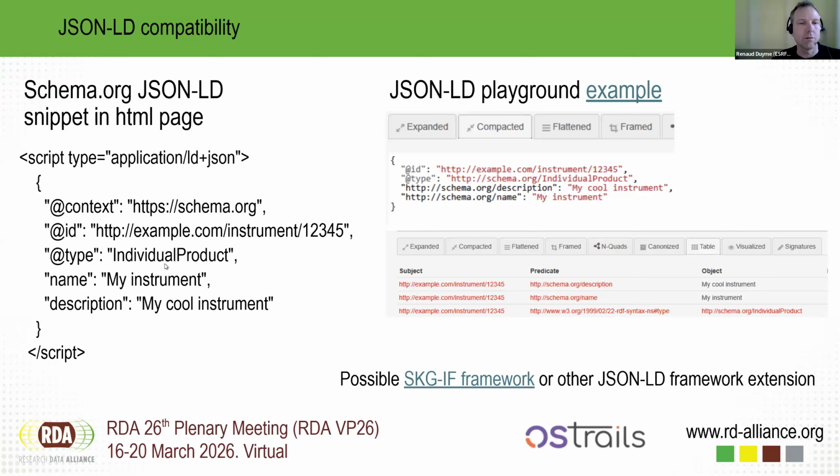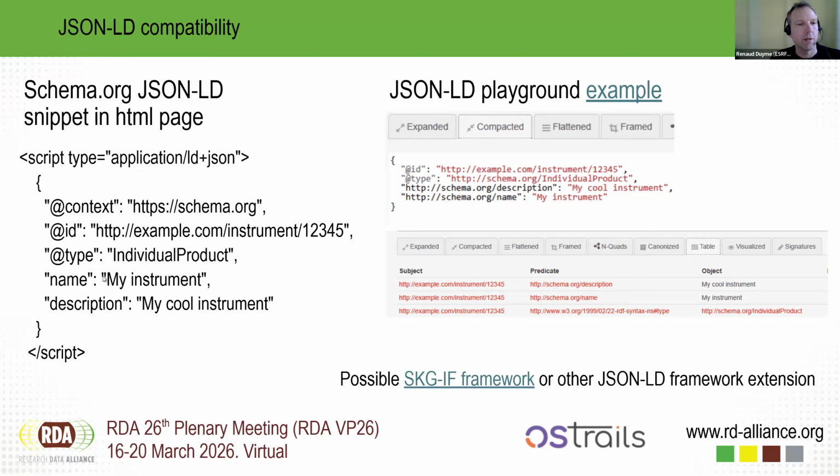That is the basic usage you can do with schema.org, first included in a page. Here you have a JSON-LD snippet that you can include in your page, and with the JSON-LD playground tool, you have the RDF representation of this data.